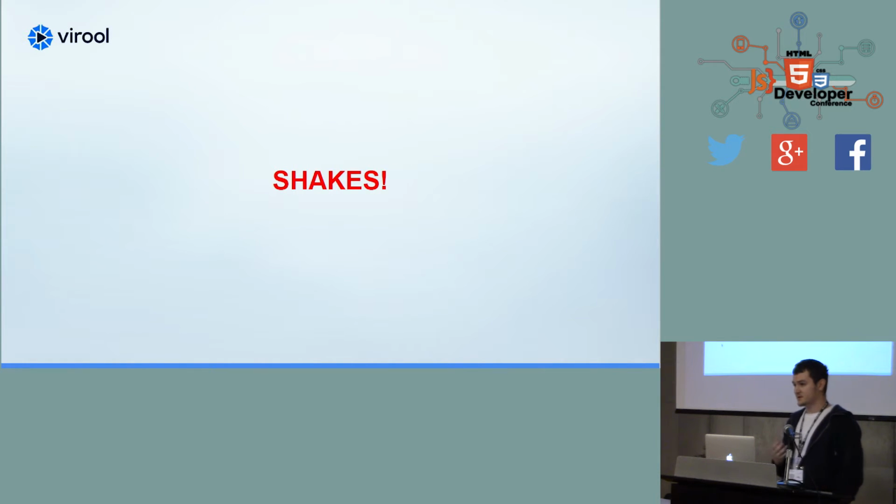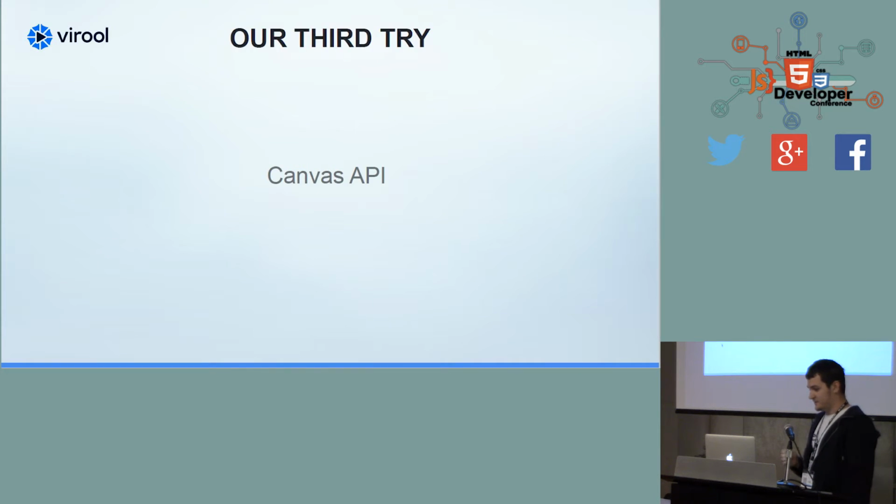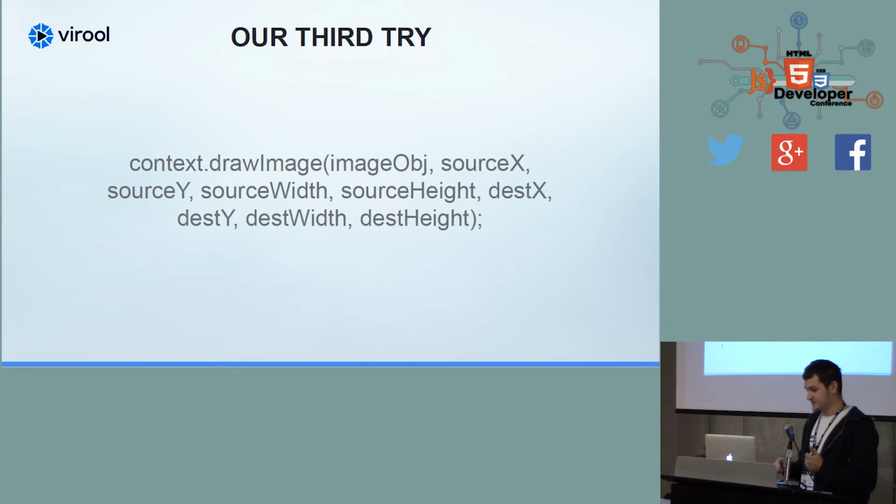So we had to find some solution to avoid these shakes, and the solution is using the Canvas API. Canvas API helps us to crop the image dynamically, so we can load an image sprite containing 10 frames and crop the current frame every 100 milliseconds.